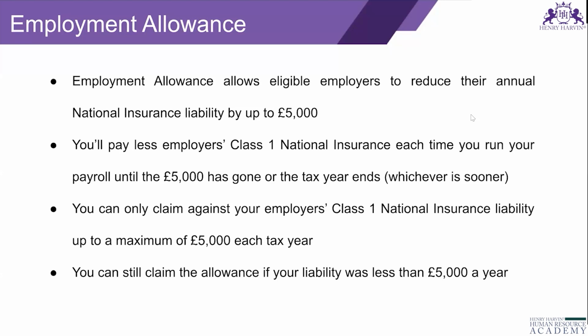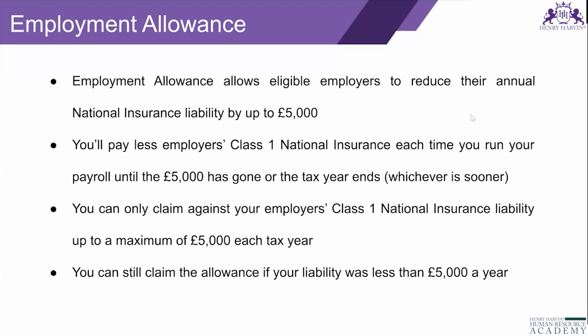It could be less also, like 3,000 or 2,000, depending on the eligibility that HMRC will decide. Being an employer, we have to check if we think we are eligible for employment allowance or not. Then only we'll request it from HMRC. If we think we are eligible, we'll inform HMRC and HMRC will give us that discount.